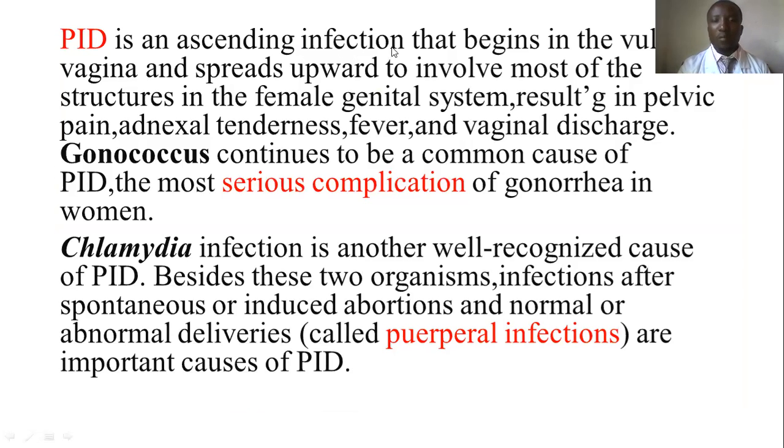So PID is an ascending infection that begins in the vulva or vagina and spreads upward to involve most of the structures in the female genital system, resulting in pelvic pain, adnexal tenderness, fever, and vaginal discharge. These discharges might be pus, might be serous fluid, depending on the stage of infection and how it has progressed.